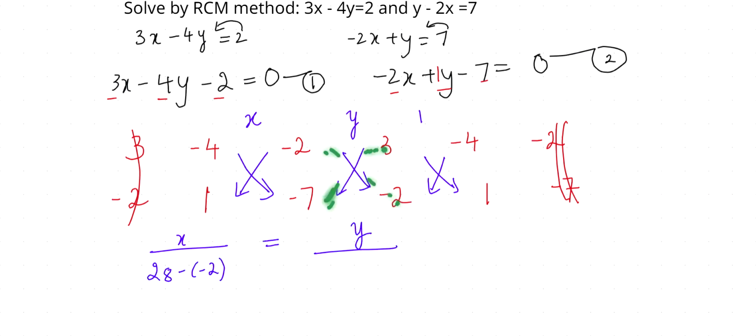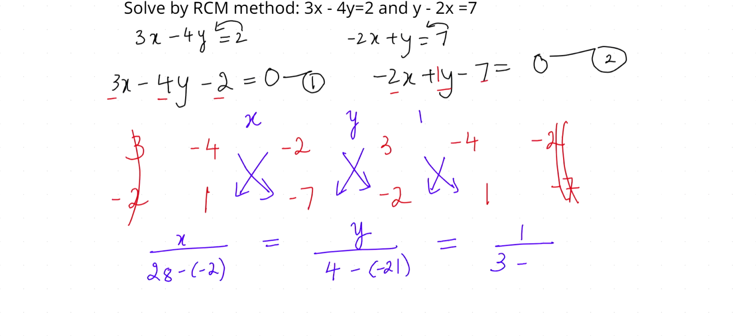So it will be plus 4 minus minus 21 is equal to 1 upon, we have 1 here, isn't it? So it will be 1 upon this product, 3 ones are 3, minus this product. Minus 4 into minus 2 is plus 8. 3 minus 8. Be very careful with the sign. So it is 3 minus 8.